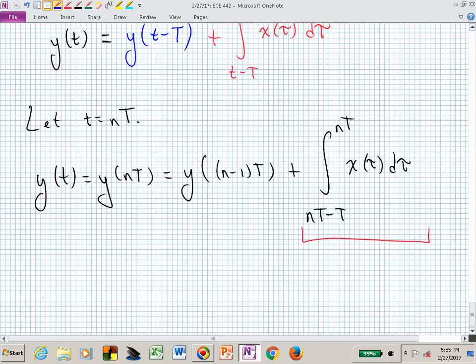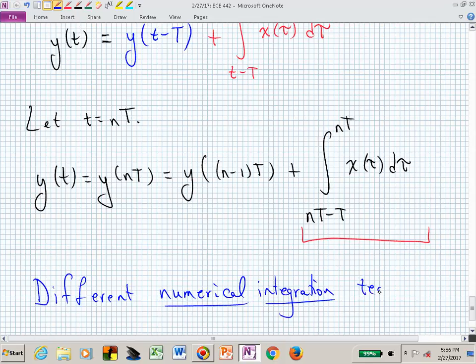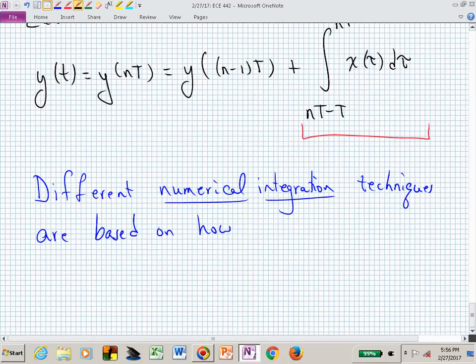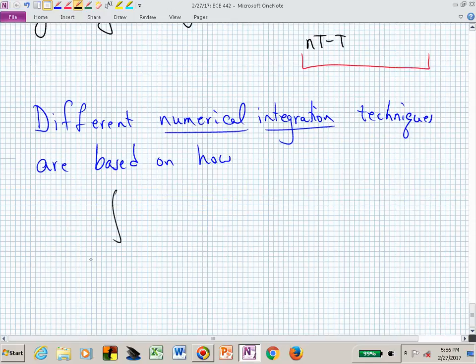The different numerical integration techniques are based on how this integral from nT minus T up to nT of x of tau d tau is approximated.